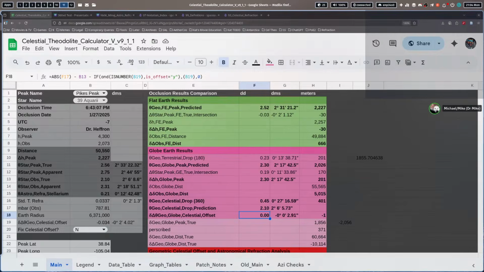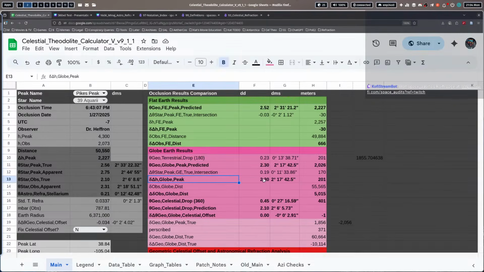Because that's basically telling you the measurement error. And once you know the measurement error, you can apply that to the 217 angle, when you call it small delta, capital delta H, comma globe, comma peak. You can apply it everywhere. It affects all observed angles equally.